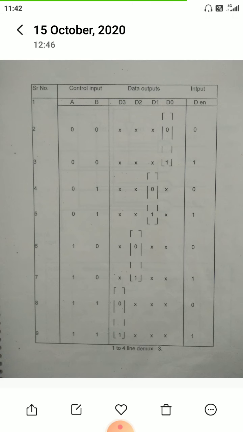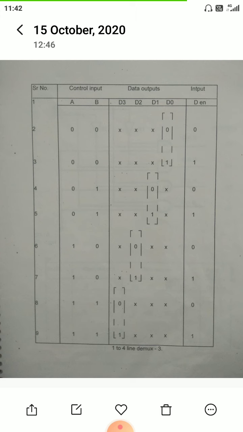So just observe serial numbers 2 and 3. In the first, the input entities are A is 0, B is 0, and D enable is 0. For this the data output will be 0, so we will ignore this and consider only the next one, 0 0, where D0 is 1 and data enable is input. So three inputs are there: A, B, and D enable.